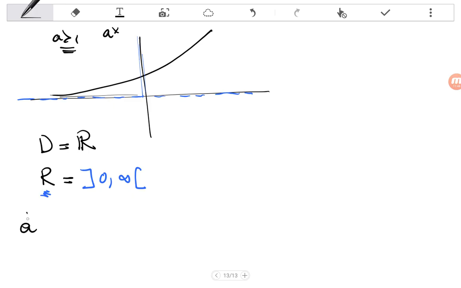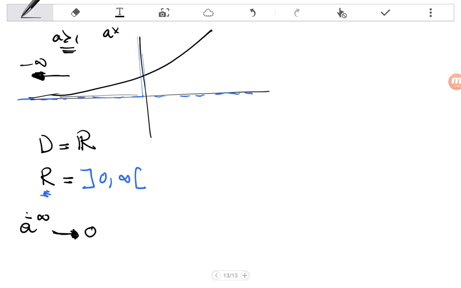But we also ask what is the limit of a power negative infinity. If you let x be negative infinity, what will be the result? As long as x goes to negative infinity, you will just get 0. It is just approaching 0.